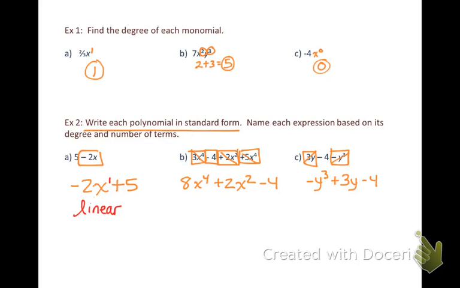And then we're going to find the number of terms, and if you look, the number of terms is 1 and 2. We have 2 terms, and 2 terms is a binomial, so we're going to go binomial. And that's all you're writing down for this answer.